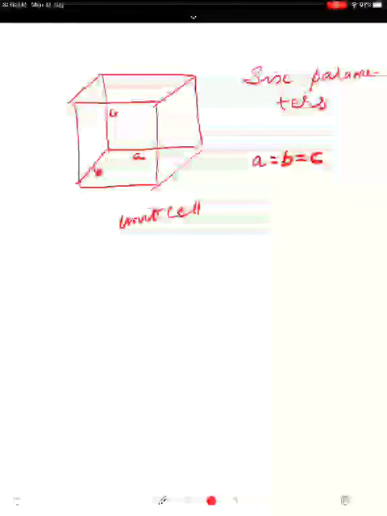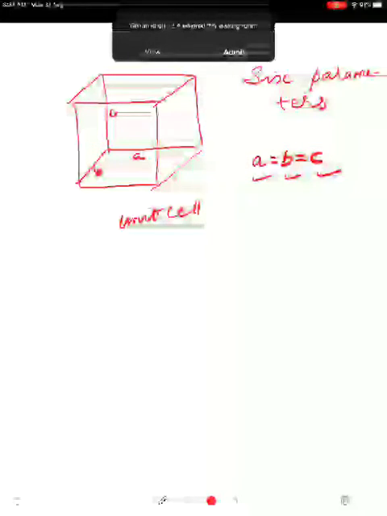So, these edge lengths are 3 parameters. We call them dimensions also. Dimensions along the edges A, B and C. So, 1, 2, 3. Now, 3 angles.